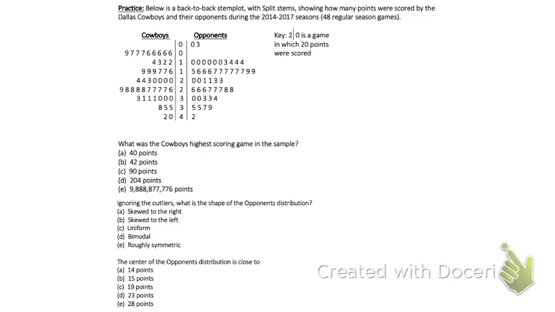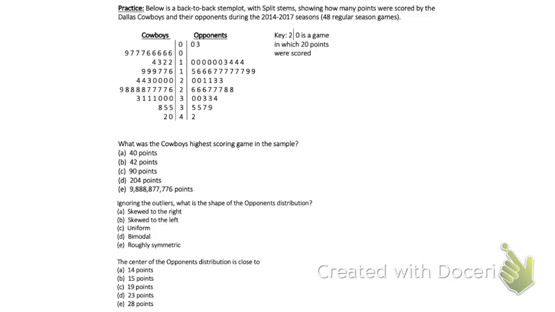We got this. All right, back to the problem here. This is the number of points scored by the Dallas Cowboys and then their opponents during the 2014-2017 seasons. There are 48 games on this thing, left and right.